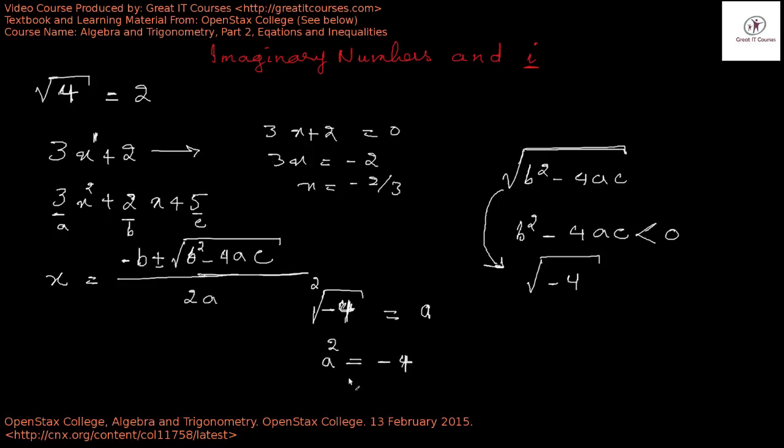Now, 2 squared is equal to plus 4, and minus 2 squared is again equal to plus 4. So there is no way that you can possibly solve this equation.